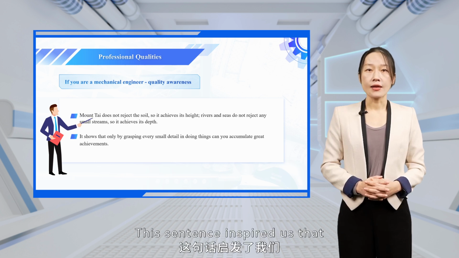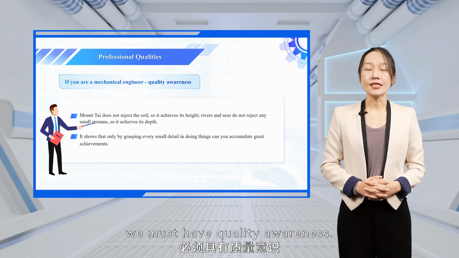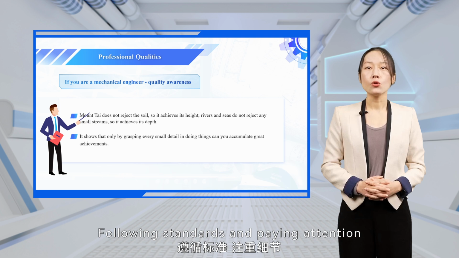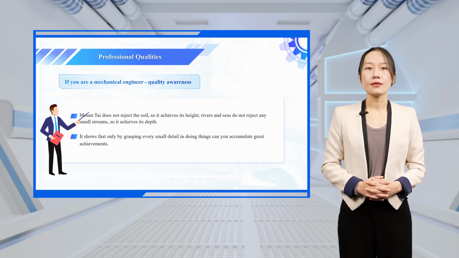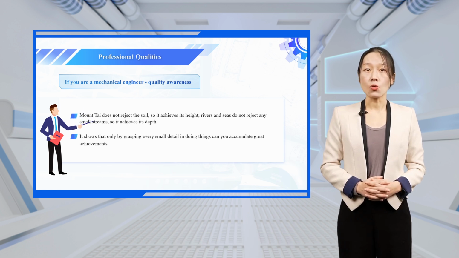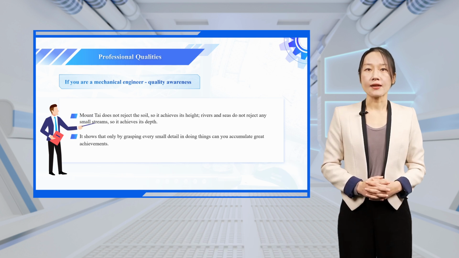This sentence inspired us that as future mechanical engineers, we must have quality awareness. Following standards and paying attention to details are the keys to success or failure. Therefore, during the modeling process of parts, we must pay attention to and control details.